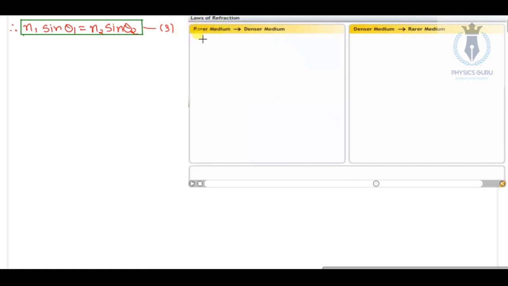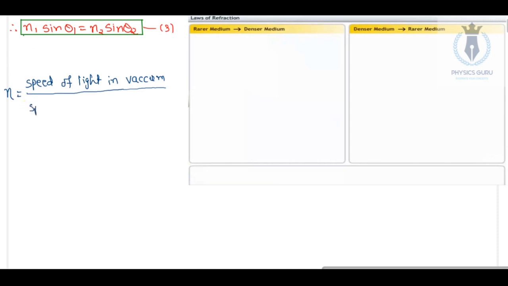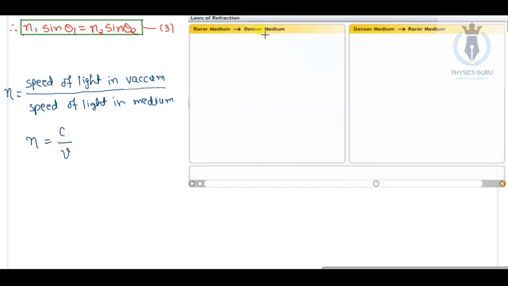Optically rarer medium means a medium having a lower refractive index, and the refractive index of any medium can be defined as the speed of light in vacuum divided by the speed of light in the given medium. So from this equation it is clear N equals C upon V, where C is the speed of light in vacuum and V is the speed of light in the given medium.